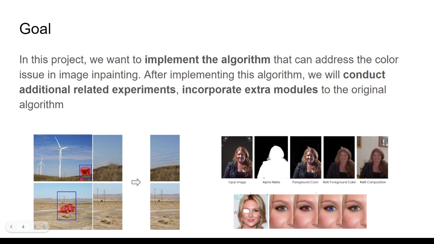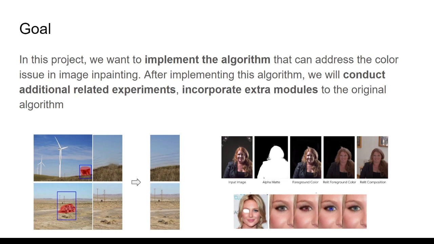After implementing this algorithm, we will conduct additional experiments to better understand this model. Next, we would incorporate extra modules to address issues with the original algorithm.